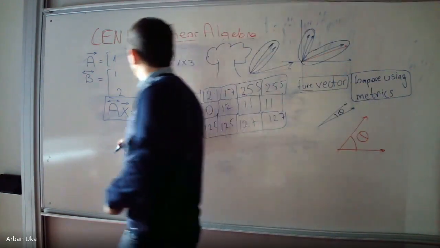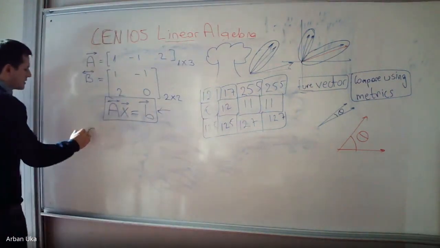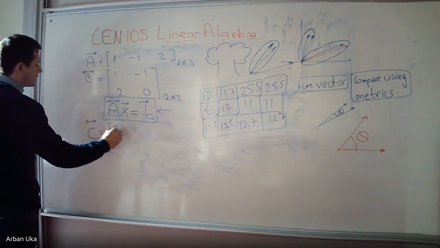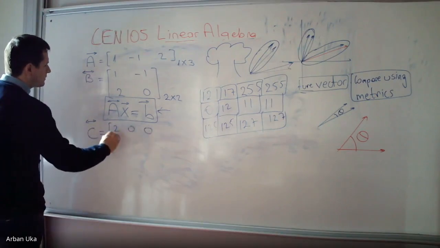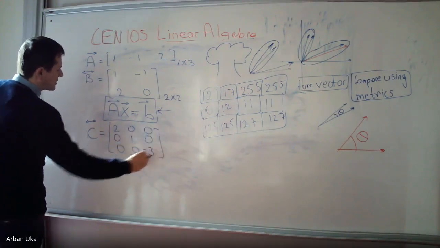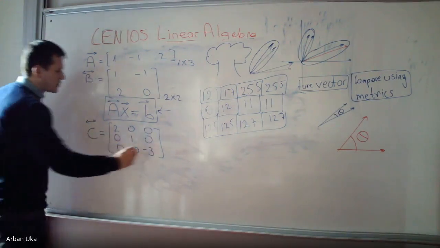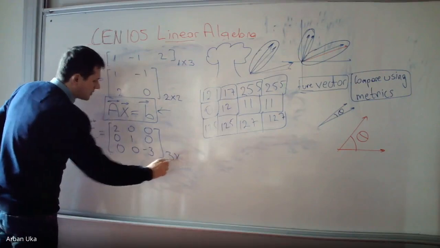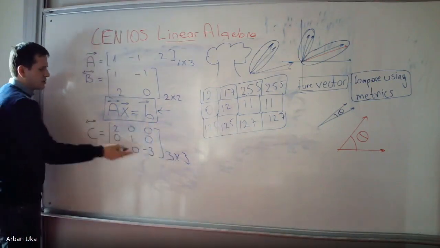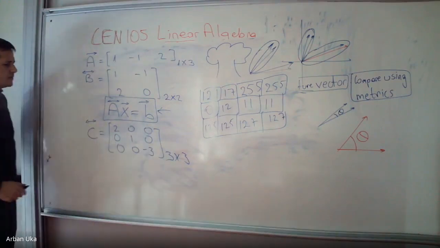We can give another example of a matrix. We can have a matrix C, which is going to look something like 2, 0, 0, 0, 1, 0, 0, 0, minus 3. Here we have another matrix, which is composed of 3 rows and 3 columns. We call it a 3 by 3 matrix.